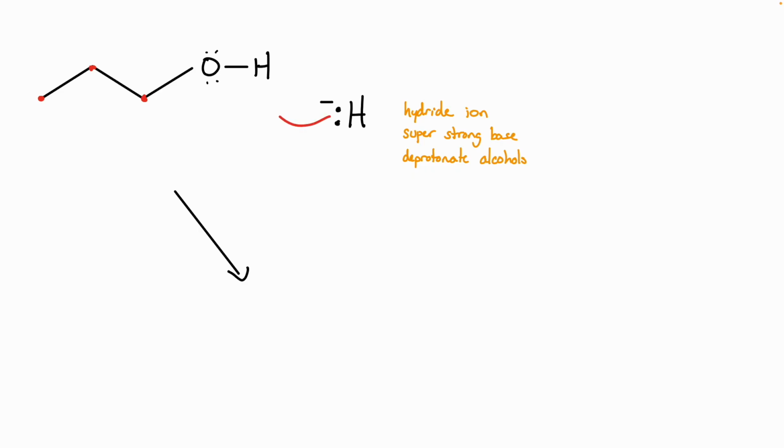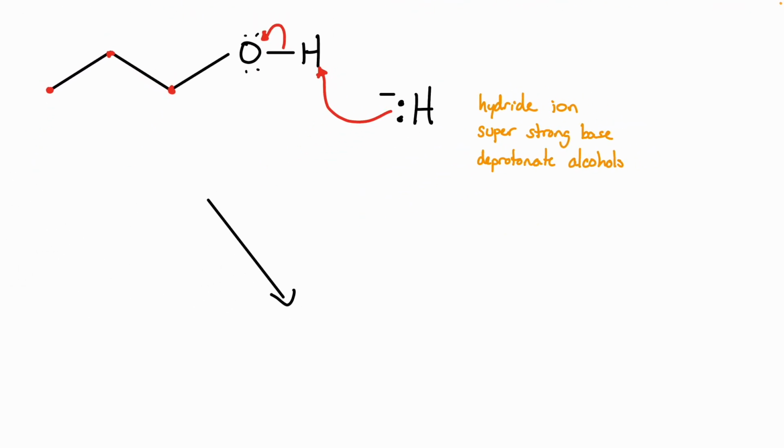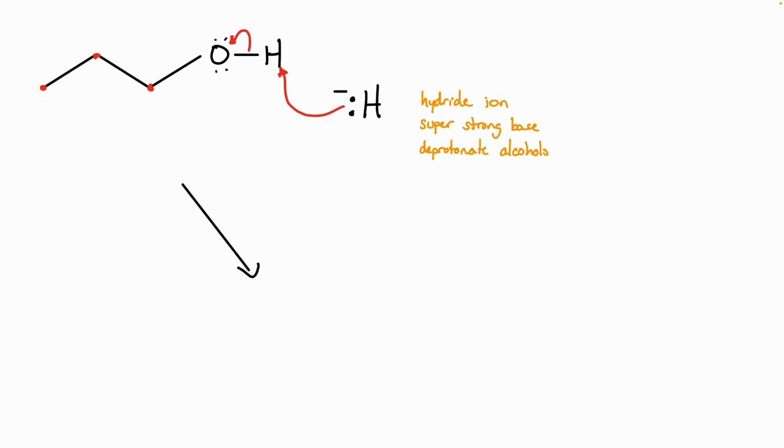So by deprotonate, I mean that hydrogen's going to grab that other hydrogen and that pair of electrons jump onto that oxygen. Let me take a second. Let's look at our organic intermediate here. When that bond breaks, that pair of bonding electrons becomes a lone pair on my oxygen.